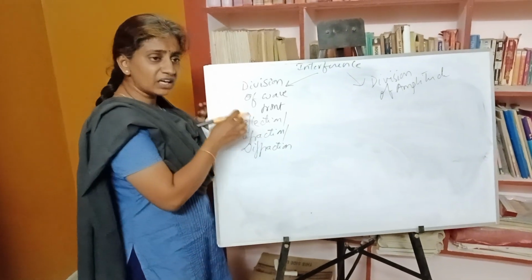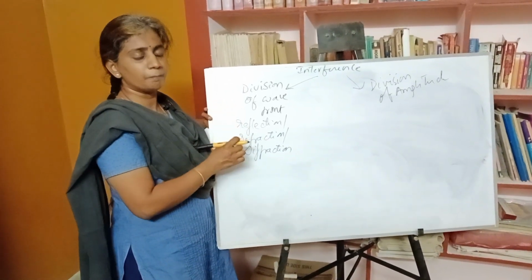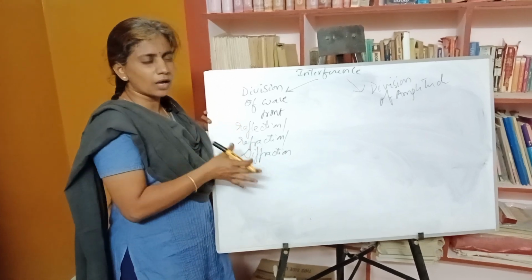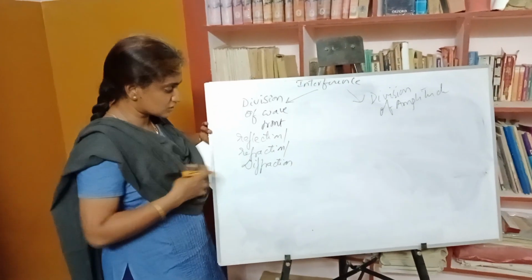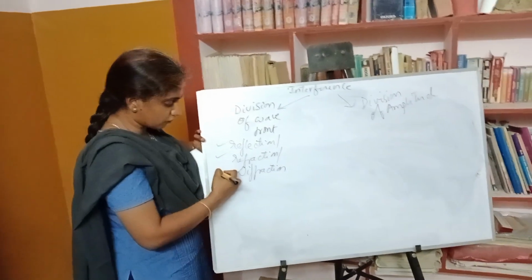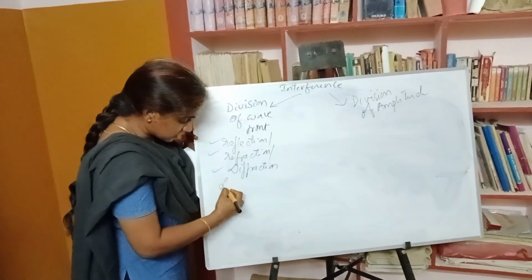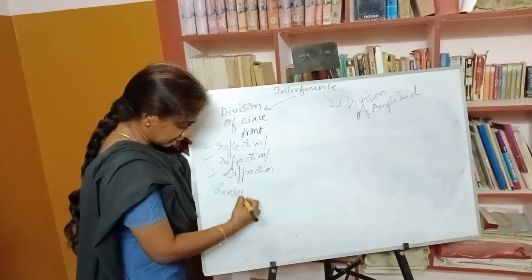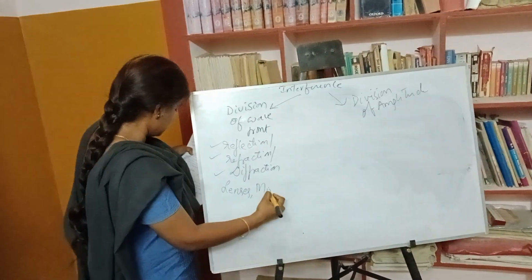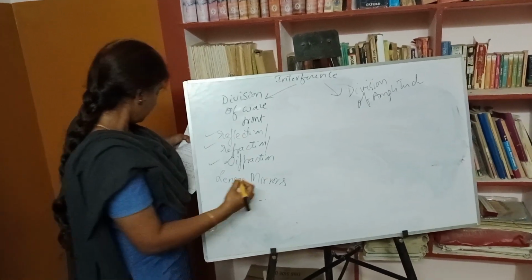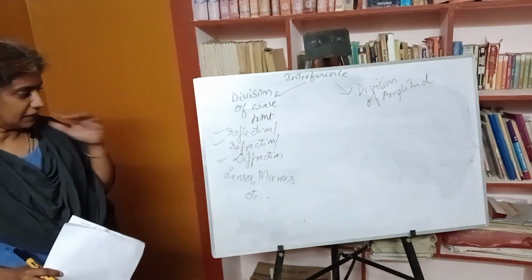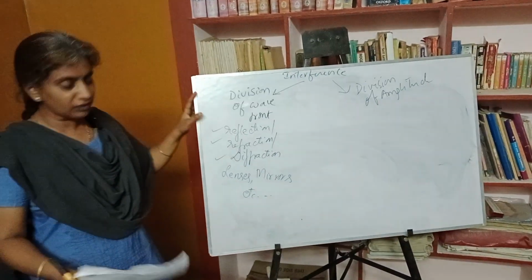So I divide the source that is coming from into two or more parts, and I will get what are called different wavefronts, for which I am employing reflection, refraction and diffraction, using equipment like lenses, mirrors, etc. What will they do?